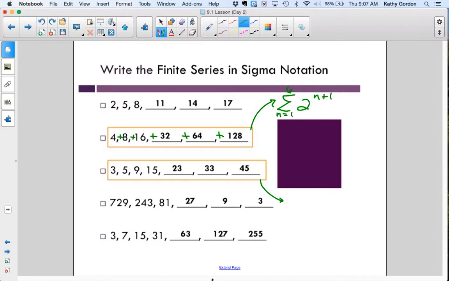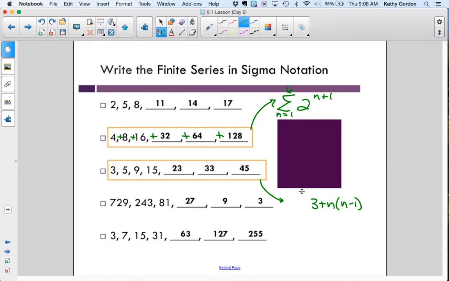Okay? Same thing with this one, 3, 5, 9, 15, 23, 33, 45. What was the function we came up with yesterday for that? Or Tuesday? What was it? 3 plus n times in parentheses n minus 1. Okay, so that's the function that gives us the individual terms.